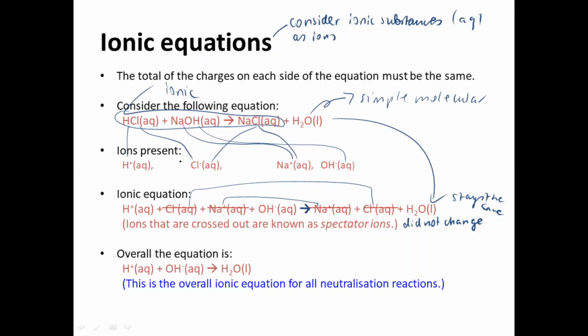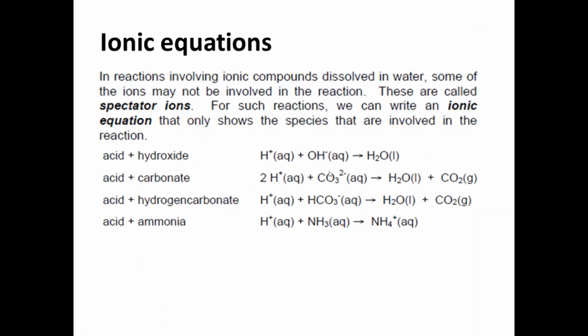When you put it in the water, the H pluses and Cl minuses float about separately, don't they? So, some examples here. In reactions involving ionic compounds dissolved in water, some of the ions may not be involved. We call these spectator ions. Once these are cancelled out, you end up with acid plus hydroxide giving you water, like we saw a second ago. Acid plus carbonate gives you water and carbon dioxide, right?